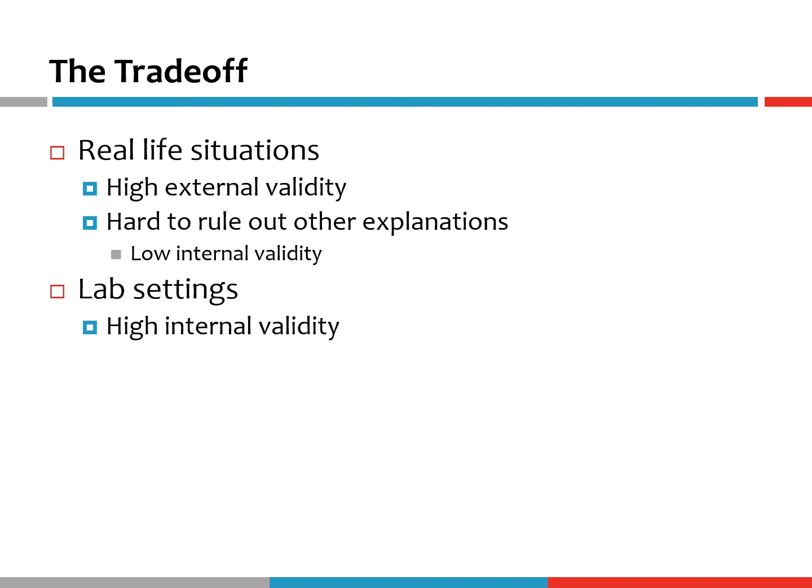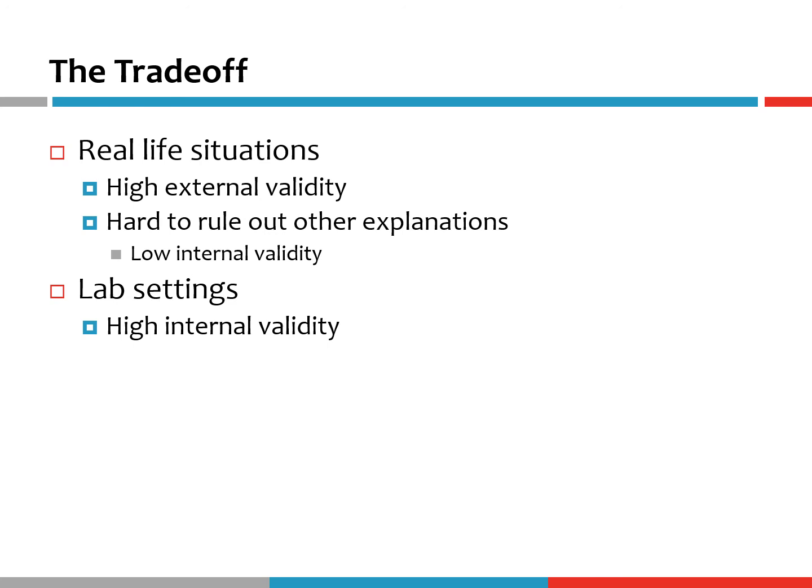Similarly, lab settings, in our first study, have high internal validity, right? If we keep everything the same about the particular task and the procedure between the experimental group and the control group, then we know that it's only lighting that is impacting productivity rather than other variables.